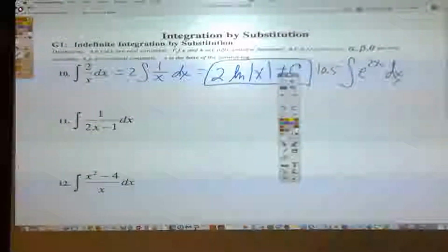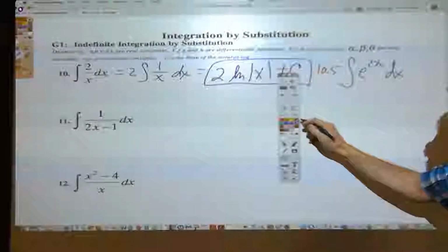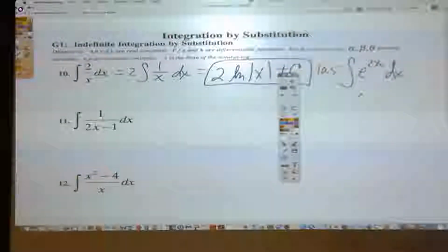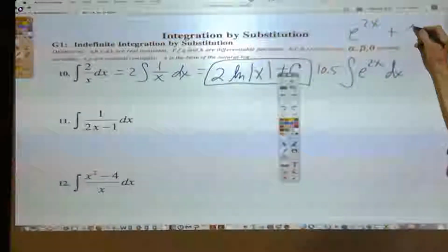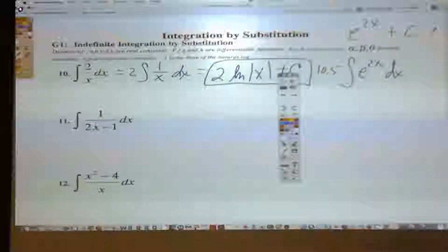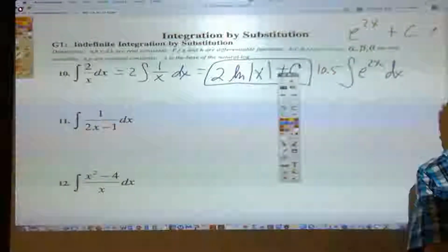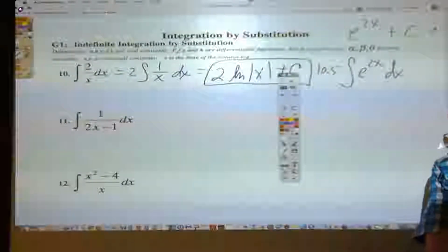Would someone briefly explain to me why the answer is not, and since this is not the correct answer, please don't write it down, e to the 2x plus c? What mistake has been made? Because I didn't have the derivative of the blob, so it should have been.